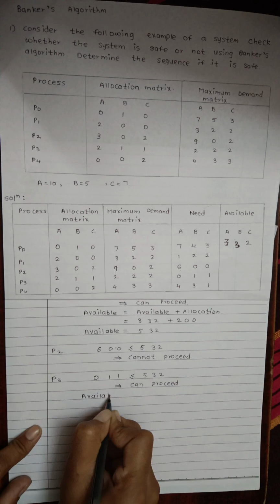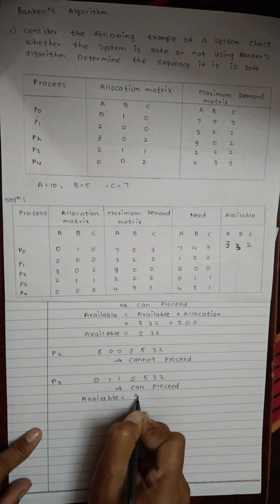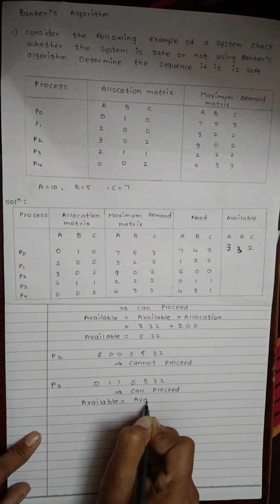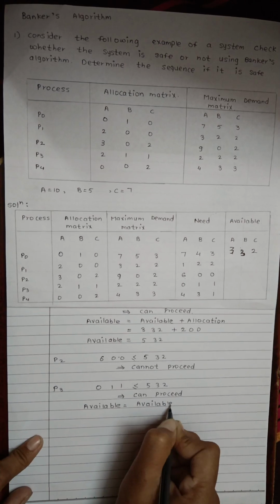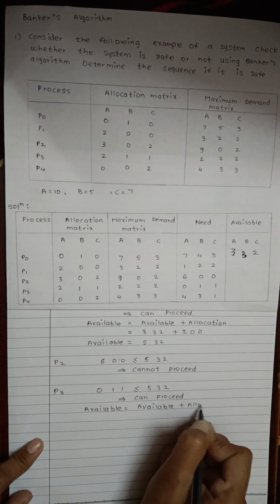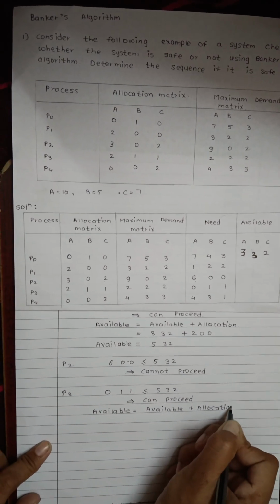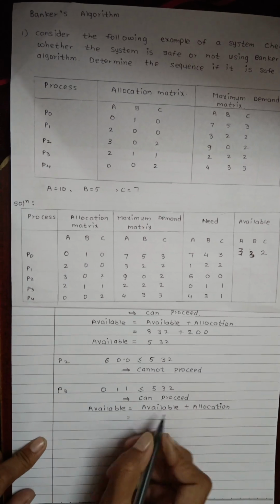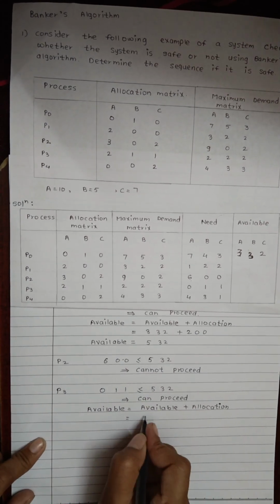Available is equal to available plus allocation. Here available is 5 3 2.